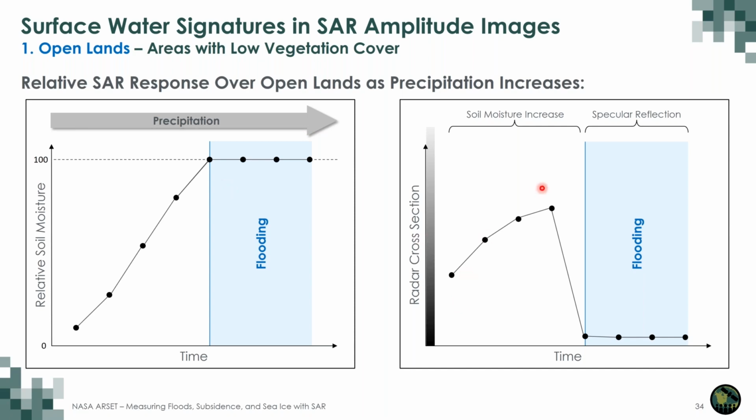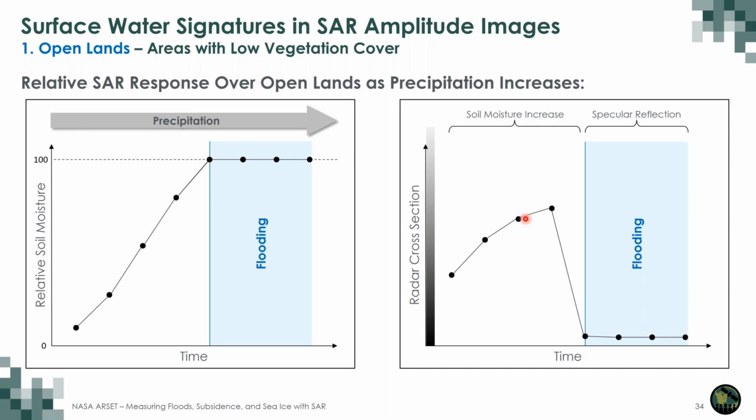Now, what does this look like conceptually in the SAR data set? As the soil moisture or the moisture of the ground increases, this leads actually to a continuous increase in the radar scattering of the surface. Soil moisture turns out to be a very strong driver of how strongly microwave signals interact with soils.